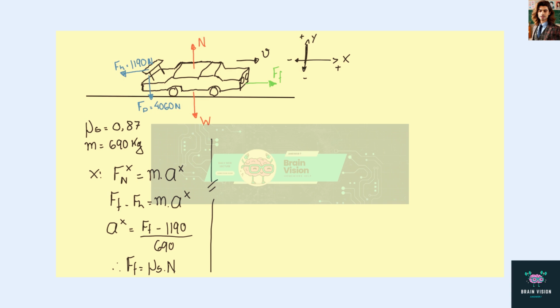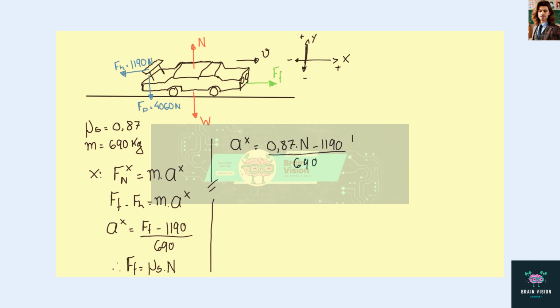Then, the horizontal acceleration is equal to that static frictional coefficient 0.87 times the normal force minus 1190 divided by 690.